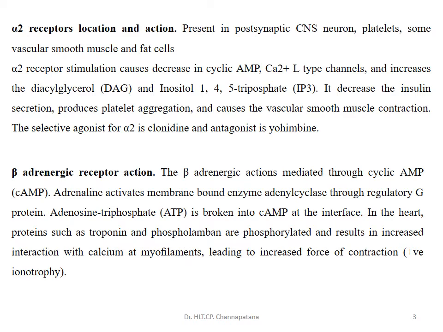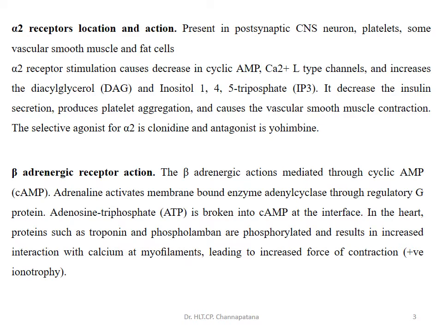Coming to the beta adrenergic receptors, the activation of these receptors is mediated through cyclic AMP. Adrenaline or noradrenaline bind to the beta receptors. It activates the adenyl cyclase enzyme through the G protein complex, where ATP, that is adenosine triphosphate, is converted into cyclic AMP.